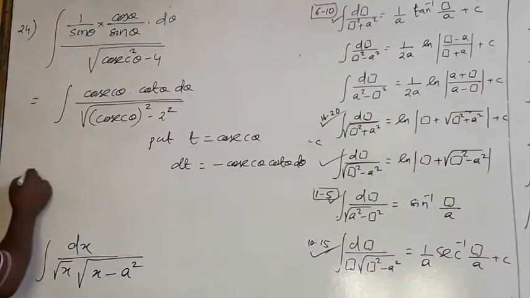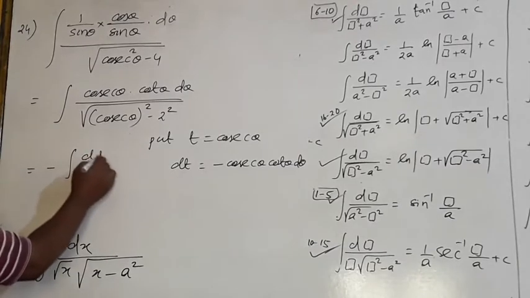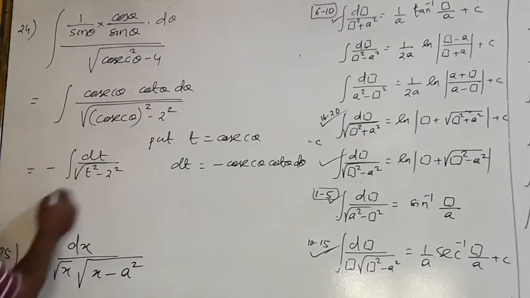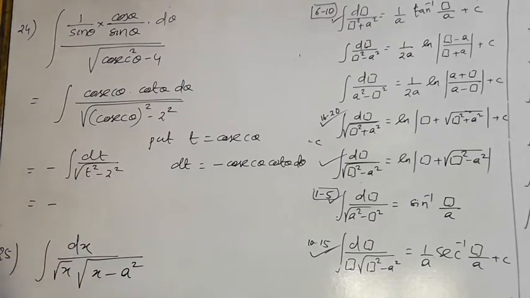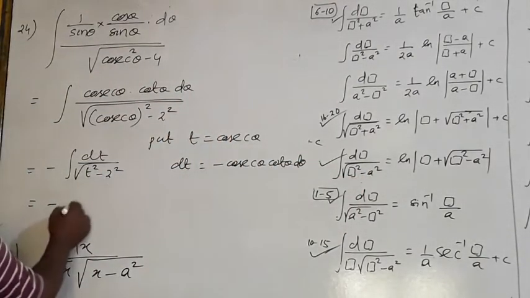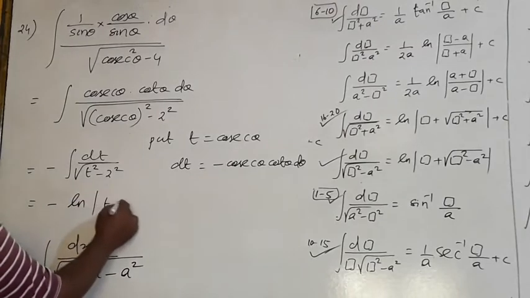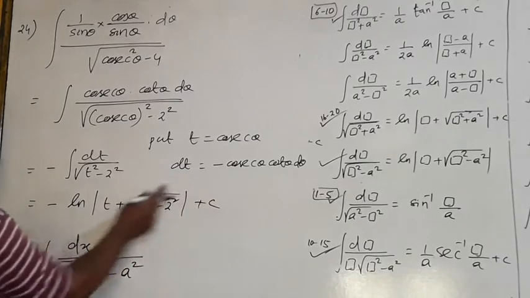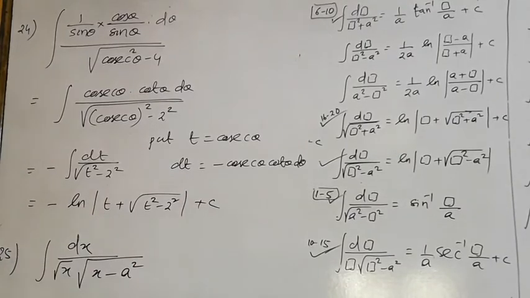It is equal to minus dt by t square minus 2 square. Here it is minus ln t plus t square minus 2 square root over, putting the value of t.